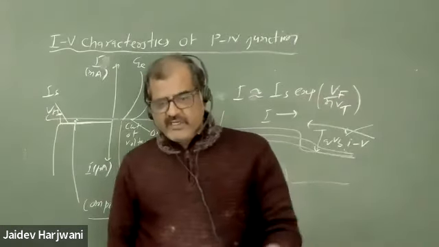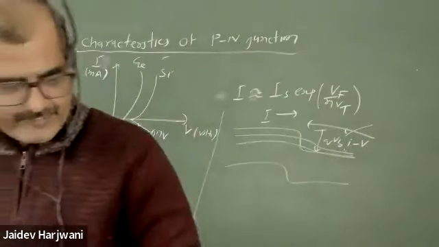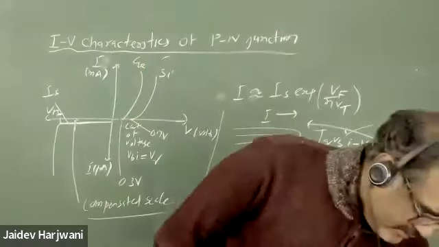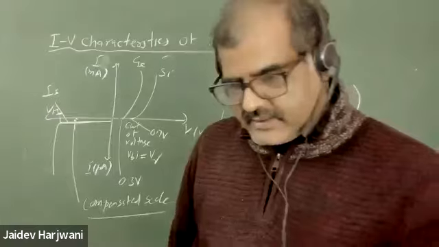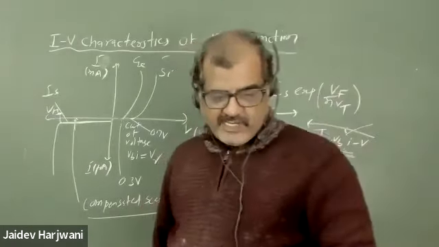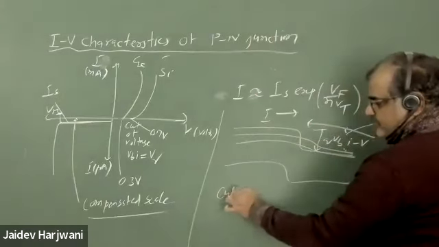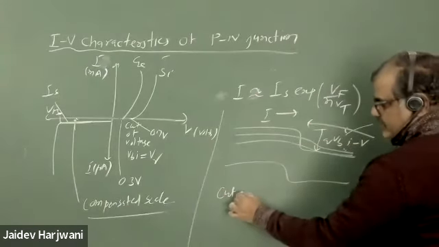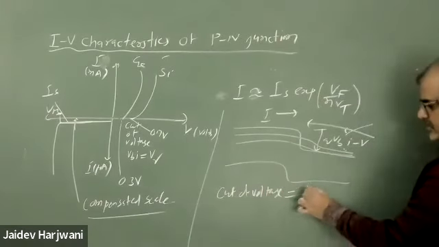Until you apply the barrier voltage, you cannot make the diode conduct. This is different for different types of material. Yes, you can write that cutoff voltage is approximately equal to the barrier potential.